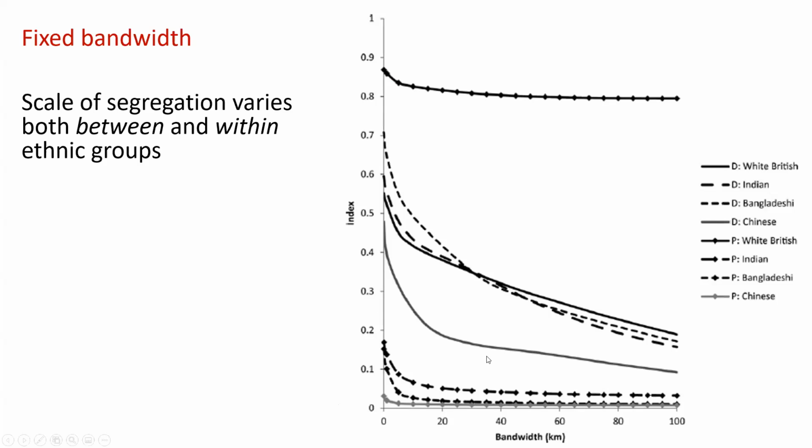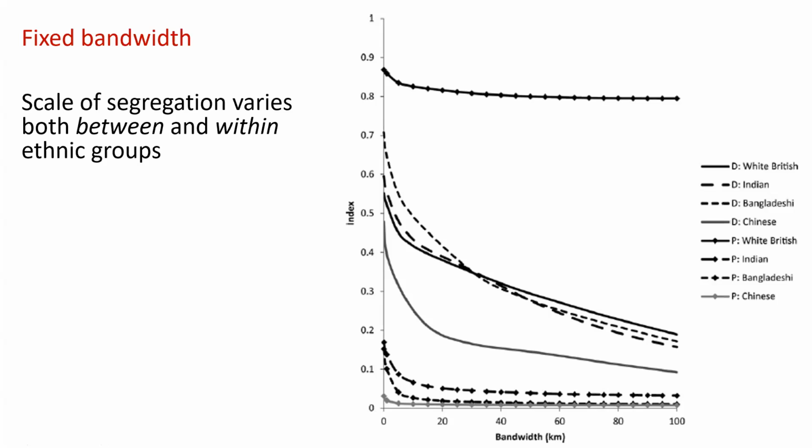Again, time is skipping on, but what I want to say is, first of all, that the scale of segregation varies both within and between ethnic groups. That's actually something really quite important and hasn't been acknowledged particularly well in much of the segregation literature.